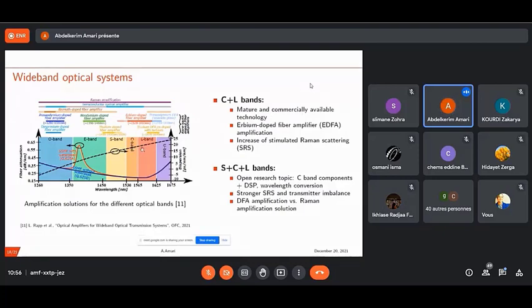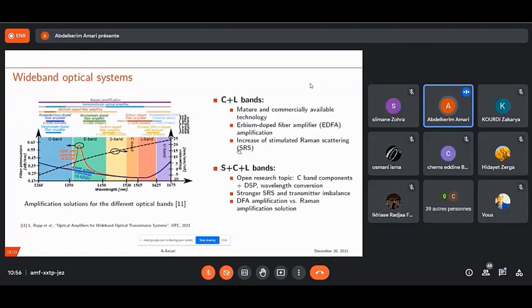It's already a commercially available technology with new 800G products from different companies, Infinera for example, and it still uses erbium-doped amplifiers because EDFA can give us good performance in the C plus L-band.